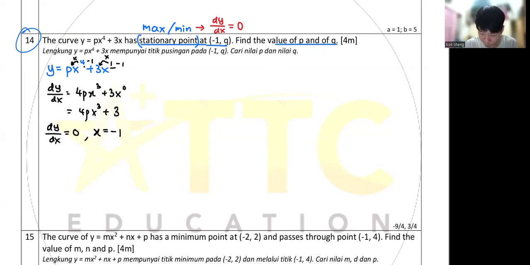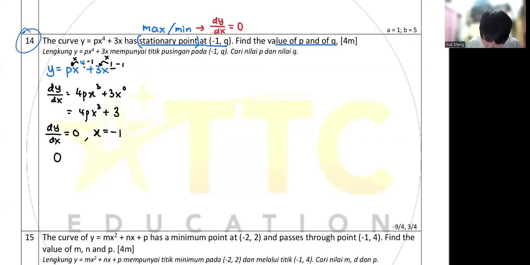The x is negative 1. I think we can now find q already. Open the bracket, bring everything over.